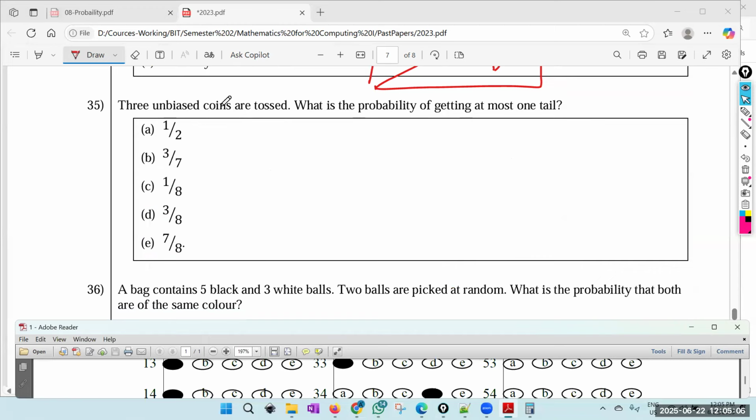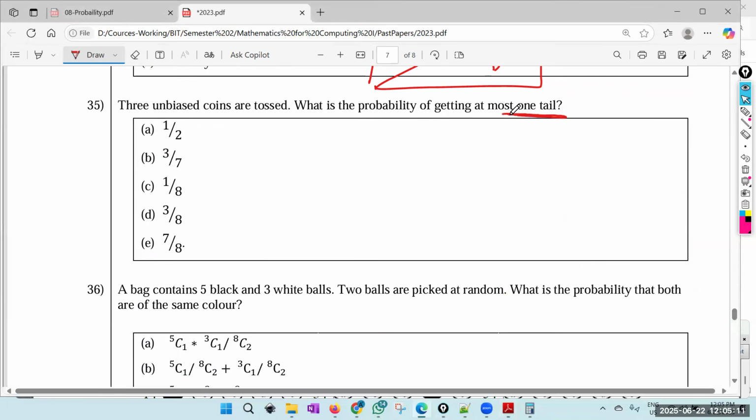35. 3 unbiased coins are tossed. What is the probability of getting at most one tail? Right? So the possibilities are you can get head, head, head. Then getting at most one tail. This extreme is getting all tails. And if it is not all tails, all the other possibilities have at most one tail.